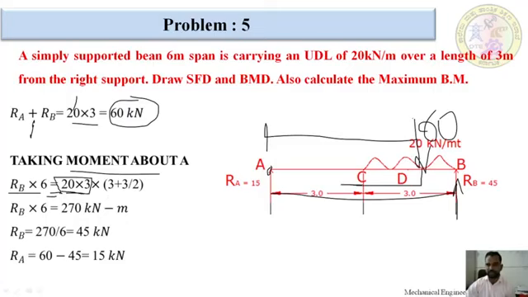From here to here we are having 3 by 2, and this is 3, so 3 plus 3 by 2 has been taken. After calculation we will get RB value as 45 kilonewton. And by putting this value in the RA plus RB formula, we will get RA is equal to 15 kilonewton. This completes the calculation of reactions. In the next slide we will move to the calculation of shear force.